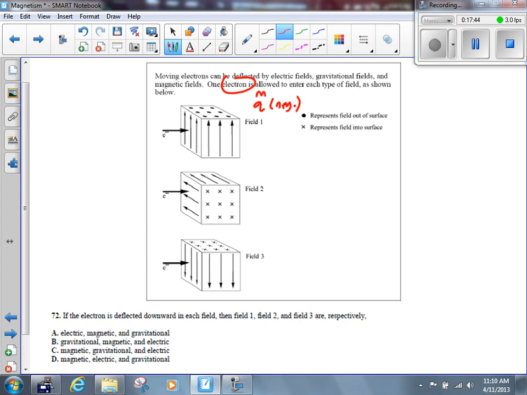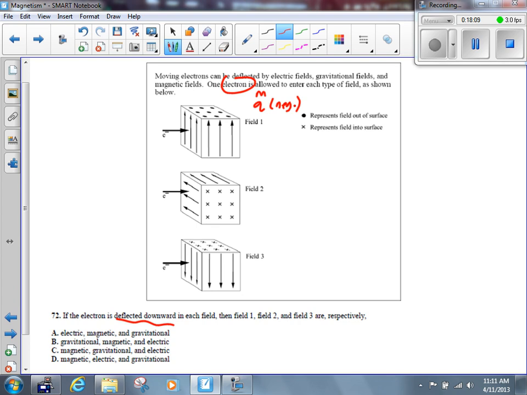We want the electron to be deflected downward. What kind of gravitational field do we need to cause an electron, or any mass for that matter, to go downward? If I drop this pen right now, which way is it going to go, down or up? Down. Which way does the gravitational field have to be pointing in order to cause this pen to go down? Down.